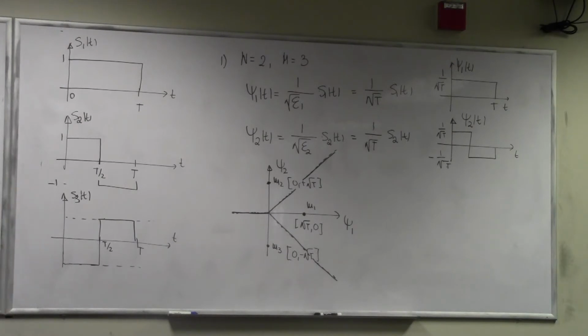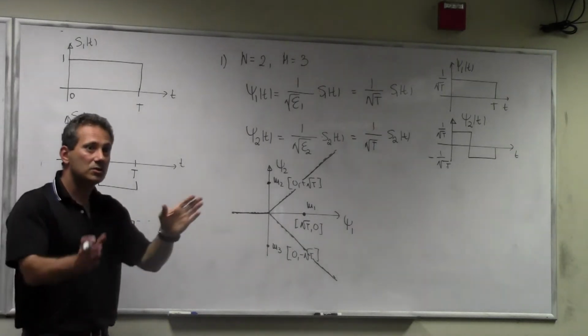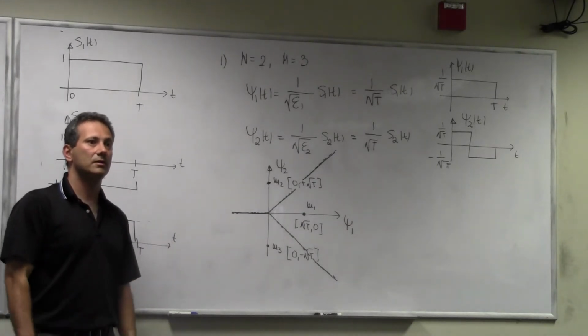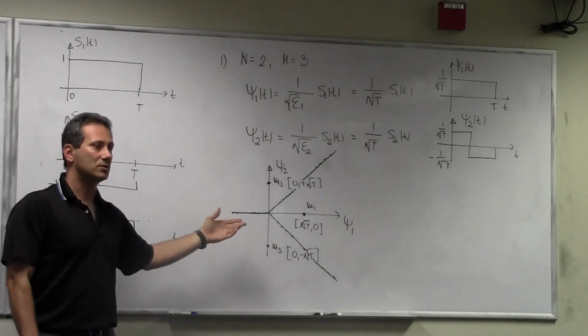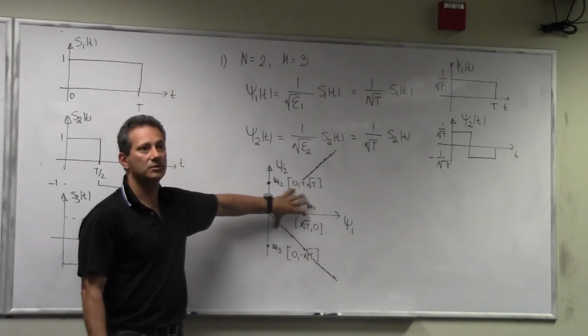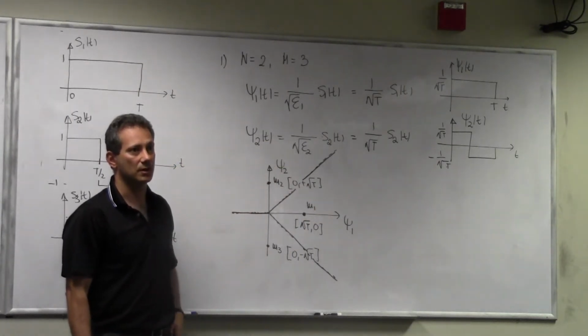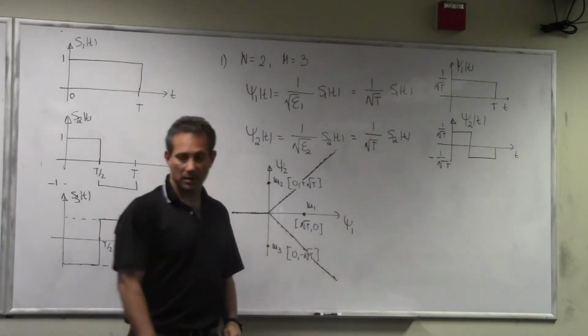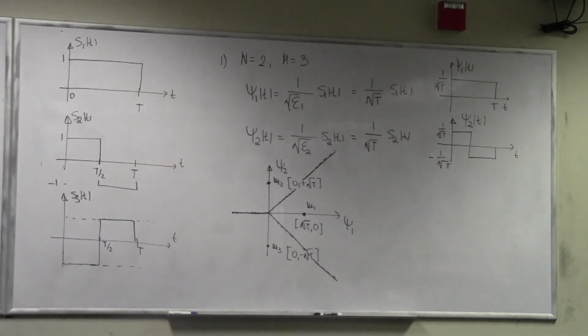So which one are we most likely to make an error on? M1. Why is that? Because the boundary is the tightest. So under the same noise clouds, you're going to exit most quickly from this region than from the other two regions. Right? So M1 is the one.